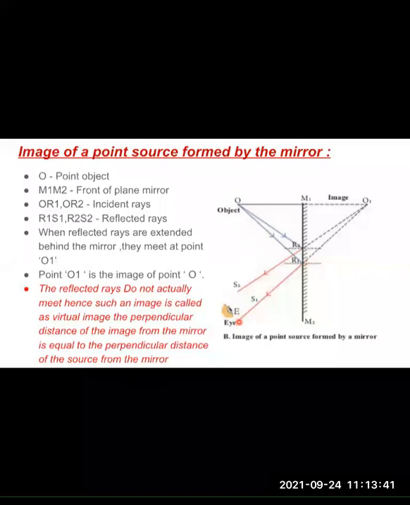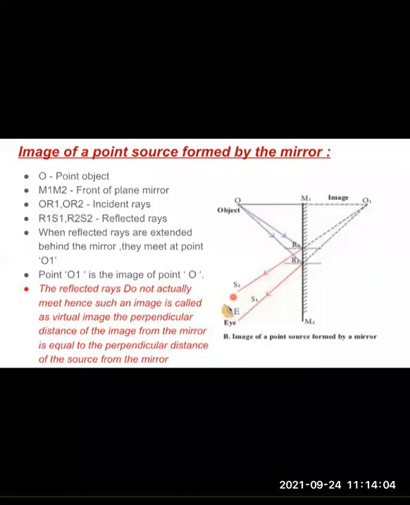Now, similarly, this point source will emit another ray of light, which we call OR2. OR2 is incident on the plane mirror, that is M1, M2, at point R2. And it also gets reflected from the surface of the plane mirror in the form of R2S2.